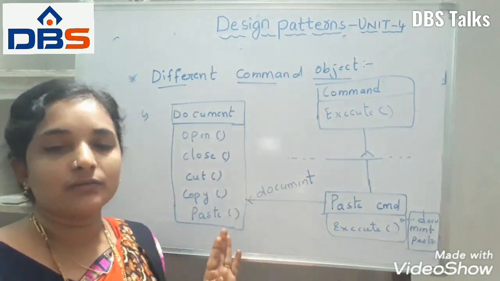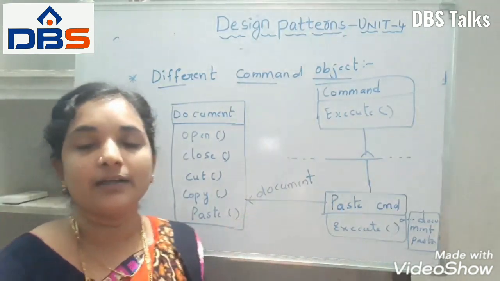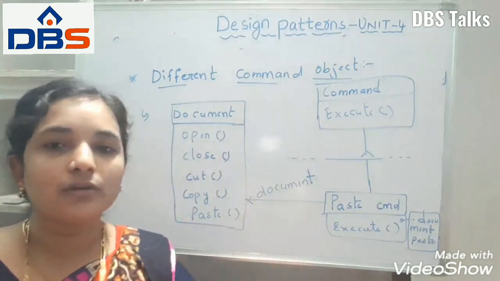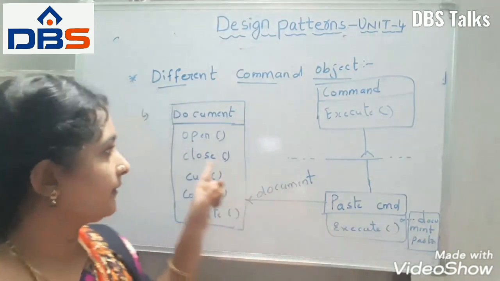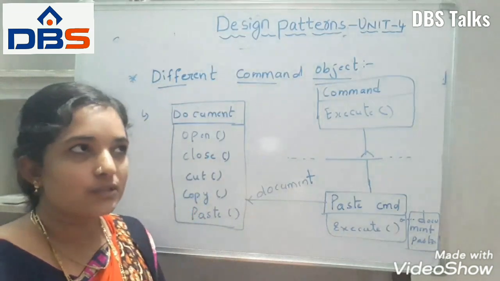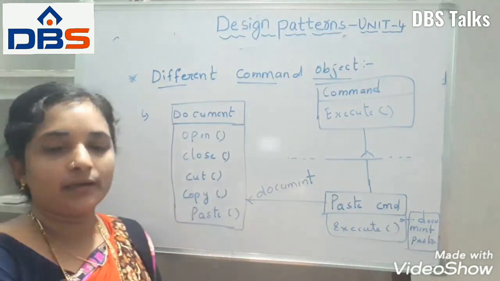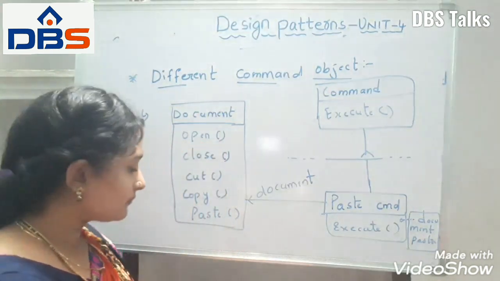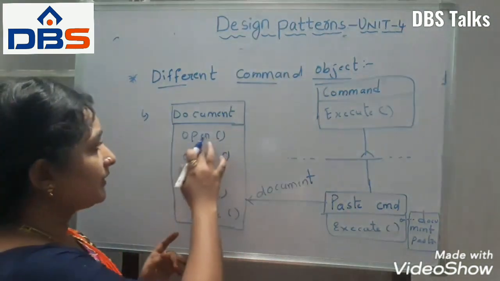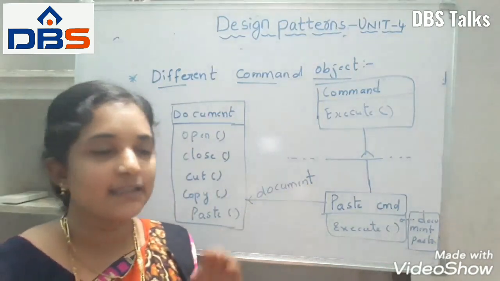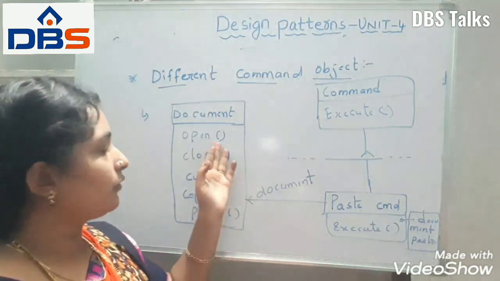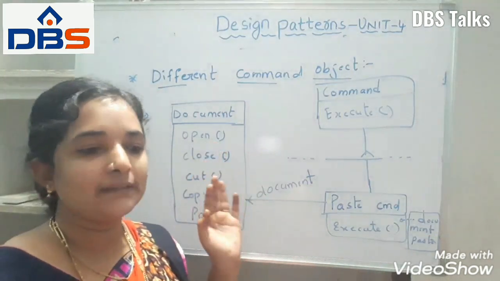This is how the communication occurs in the command design pattern. If the request comes to the open command, how does it perform? Coming to the open command, it has a request to open the document.